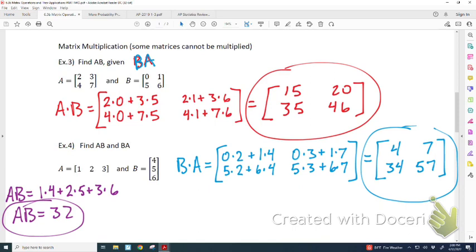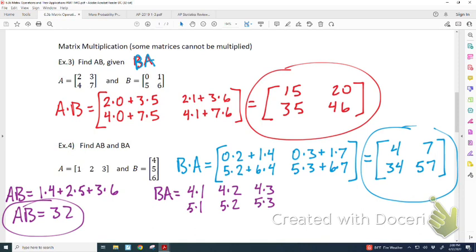BA is kind of weird. I get a 3 by 3 matrix because when I put B on its end, we go 4 times 1, and that's row 1 times column 1. And then 4 times 2, and then 4 times 3, 5 times 1, 5 times 2, 5 times 3.